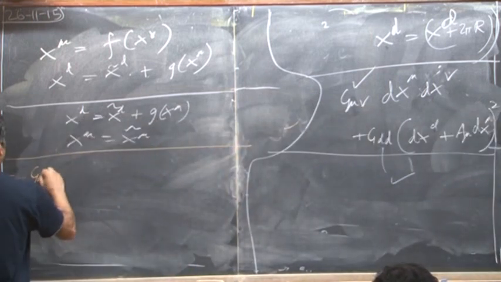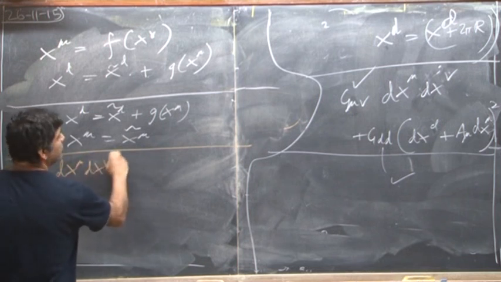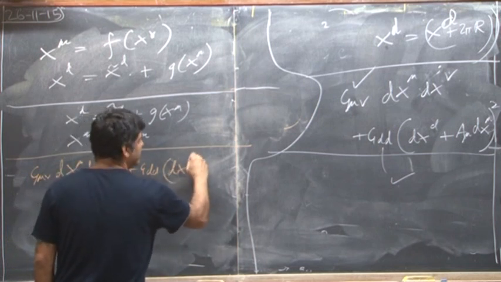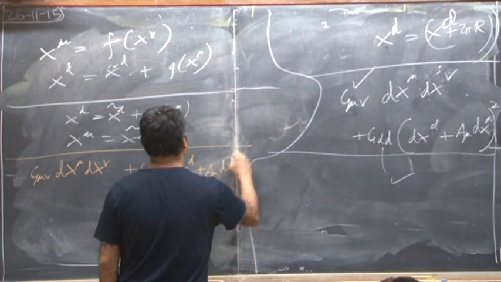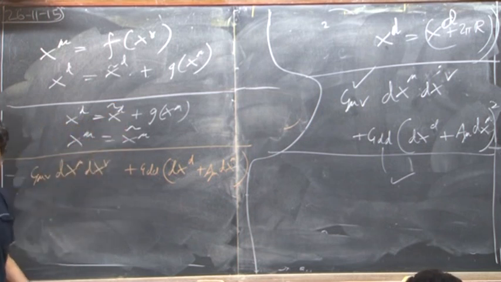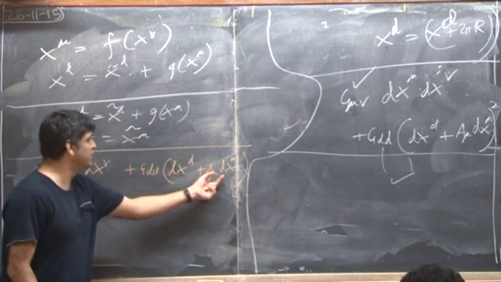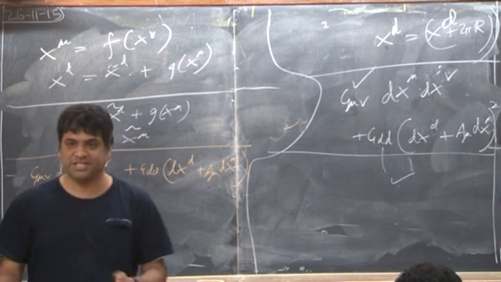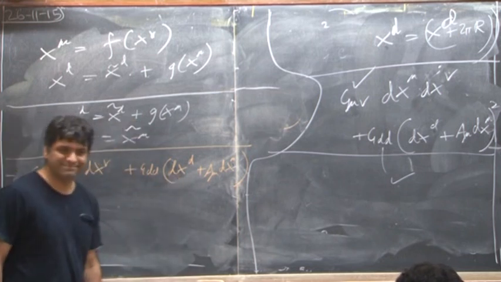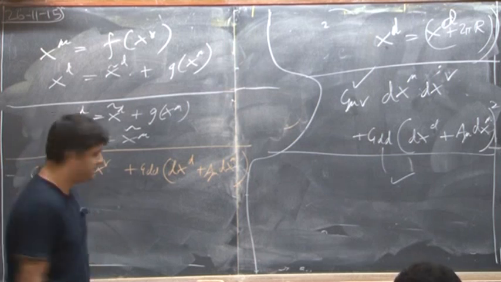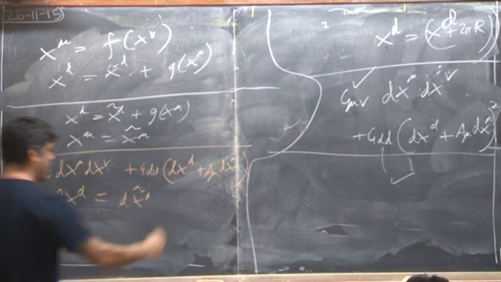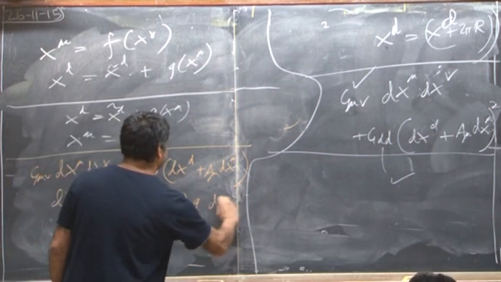This metric was g mu nu dx mu dx nu, plus gd d dxd dxd, plus a mu dx mu dxd. Now I just substitute this in. These things were all functions of x mu. Since x mu hasn't changed, inside the functions there's no change. The only place where there's any change at all is in the dxd. So in the dxd, I just substitute this in: dxd is equal to dxd tilde plus del mu g dx mu.